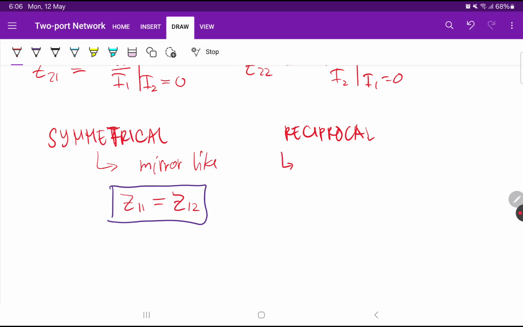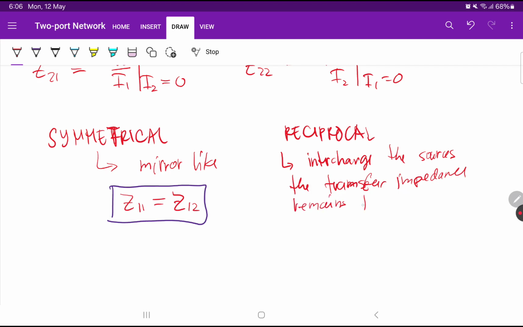When we say reciprocal, this means that if you interchange the sources, the output and the input, the transfer impedance remains the same.